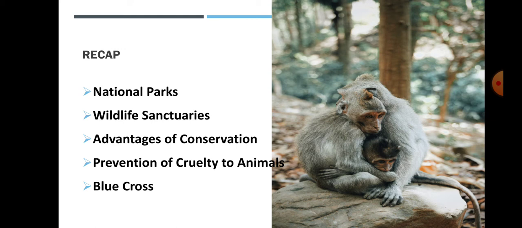The next one was the prevention of cruelty towards animals, and how we should prevent it. We also learned about a private welfare sector for animals, that is Blue Cross, and what kind of things Blue Cross does. So this is how we have discussed everything in today's class.